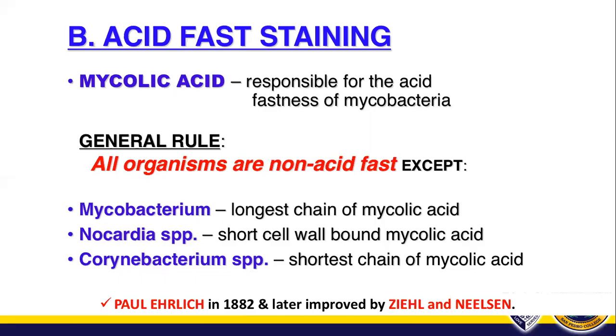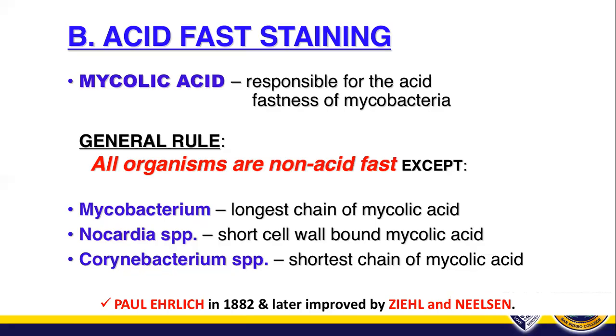As a general rule, all organisms are non-acid-fast. There are only a few acid-fast organisms, and this includes, number one, the Mycobacterium organisms. These are organisms with the longest chain of mycolic acid. That's why they are strongly acid-fast.